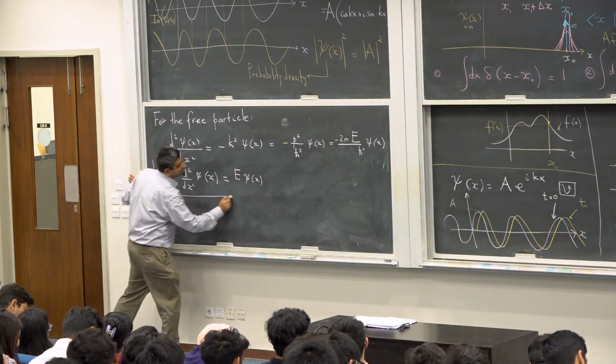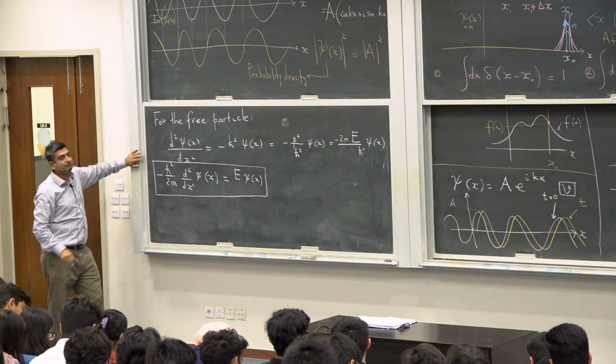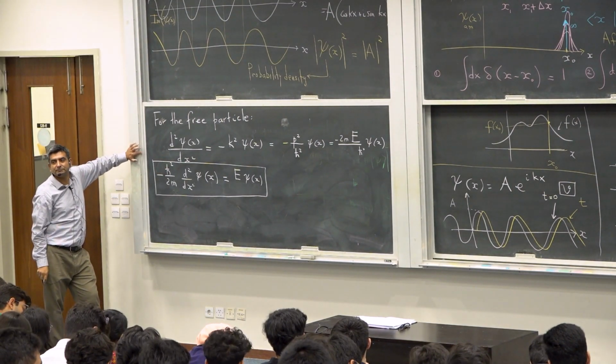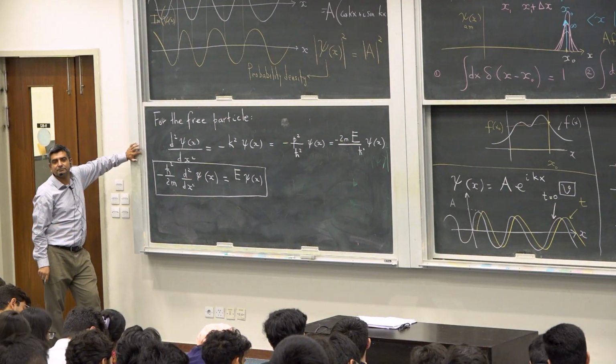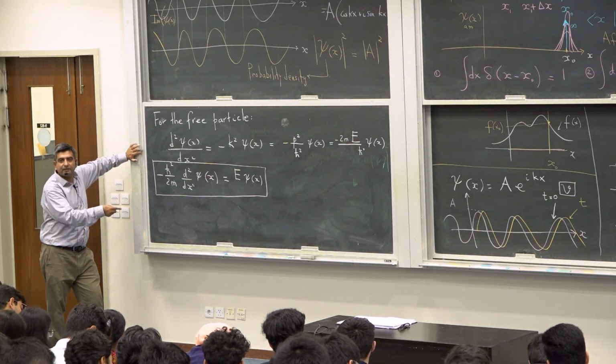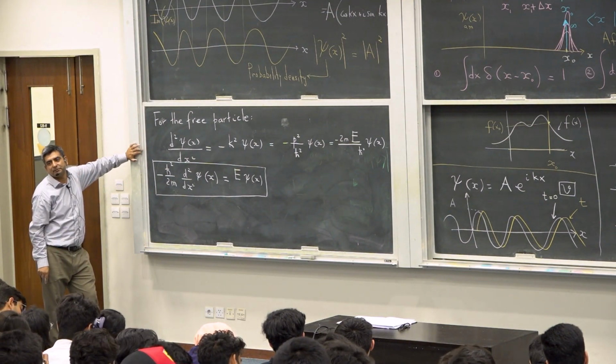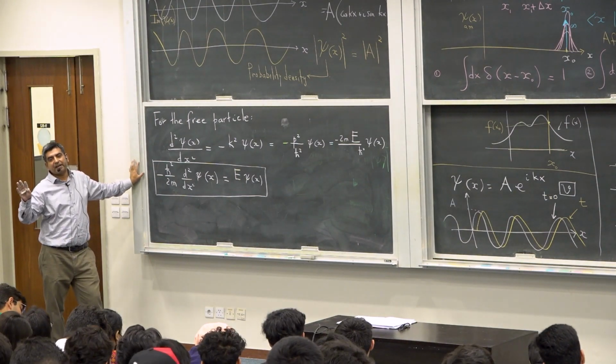This is for a free particle. This is the time independent Schrodinger equation for a free particle, which does not see any potential energy.